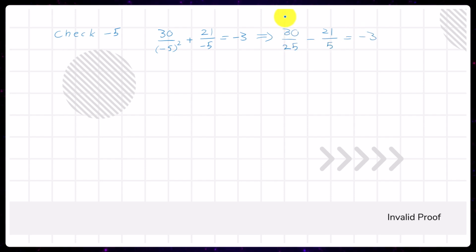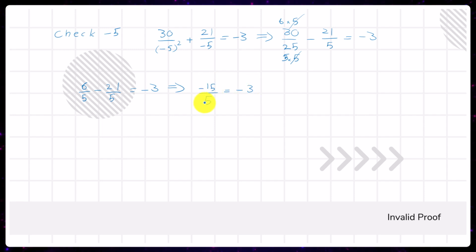Again, I can simplify this 30. So 30 is 6 times 5 and 25 is 5 times 5. I can cancel 5s and I'm left with 6/5 - 21/5 = -3. Again, 6 minus 21 is -15, divided by 5.